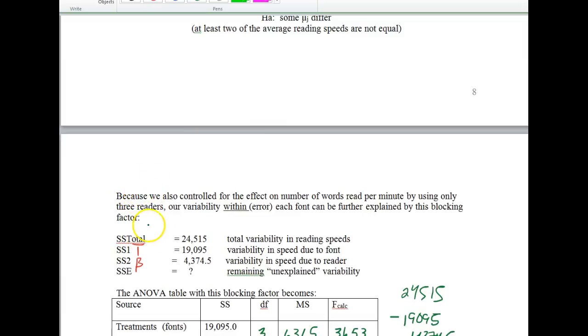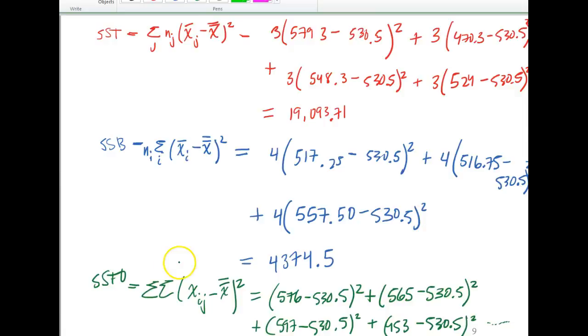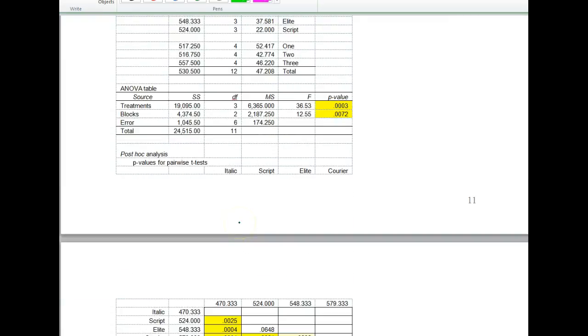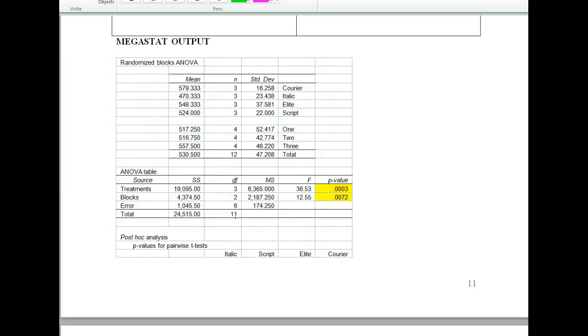And you can look at the output on the last page. Here is some of the MegaStat output, and we can see we've got all the right critical values, and the p-values are given here. The output just automatically spits out p-values. Notice the p-value of 0.0003.